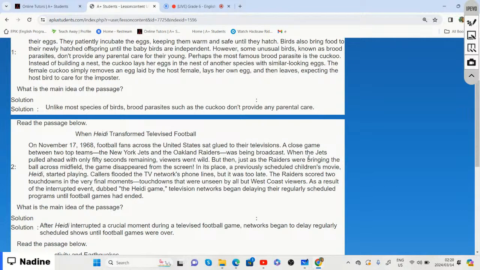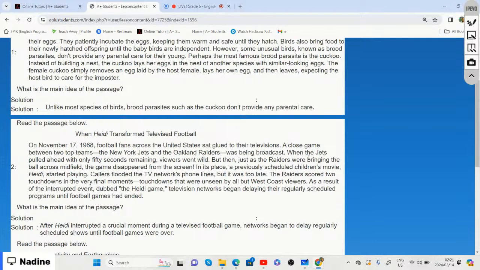A close game between two top teams, the New York Jets and the Oakland Raiders, was being broadcast. When the Jets pulled ahead with only 50 seconds remaining, viewers went wild. But then, just as the Raiders were bringing the ball across the midfield, the game disappeared from the screen. In its place, a previously scheduled children's movie, Heidi, started playing.